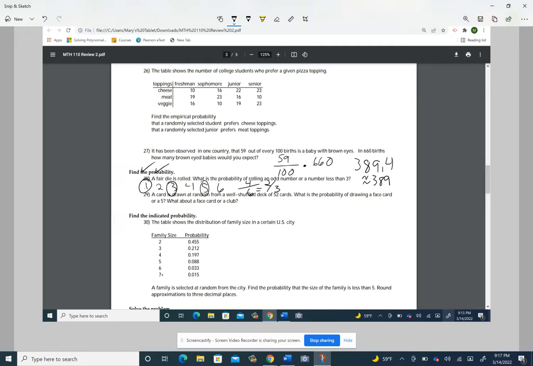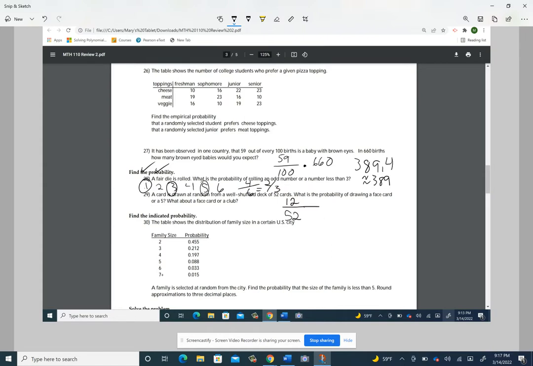All right, and then on question number 29, a card is going to be drawn from a deck of 52 cards, standard deck. What's the probability of drawing a face card or a 5? So there's 12 face cards, jacks, queens, and kings. Okay. Out of the 52.